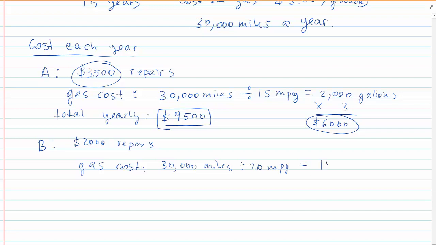So we're saving money on gas right here. Gas is still $3, which gives us $4,500. So it's cheaper to have a higher MPG. Then we add the repairs to get the total for truck B.